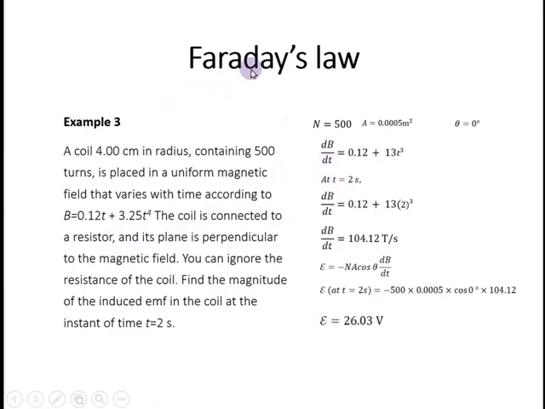Again, we invoke Faraday's law, and we need the number of turns, which is 500. We need the area. Calculate it yourself, and you should find out that it is something like this. Then we need the angle. I've told you already, the angle will be 0, and we are going to differentiate the strength of the magnetic field with respect to time.